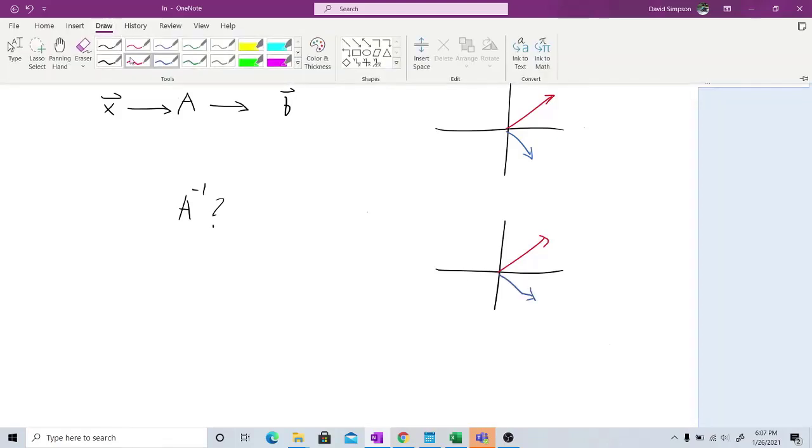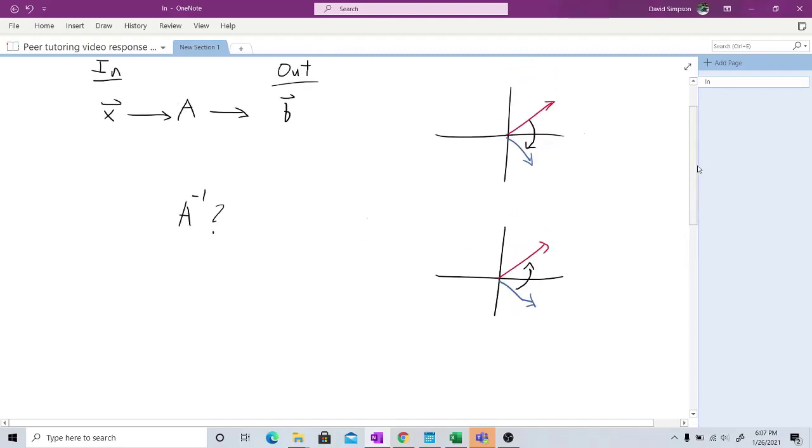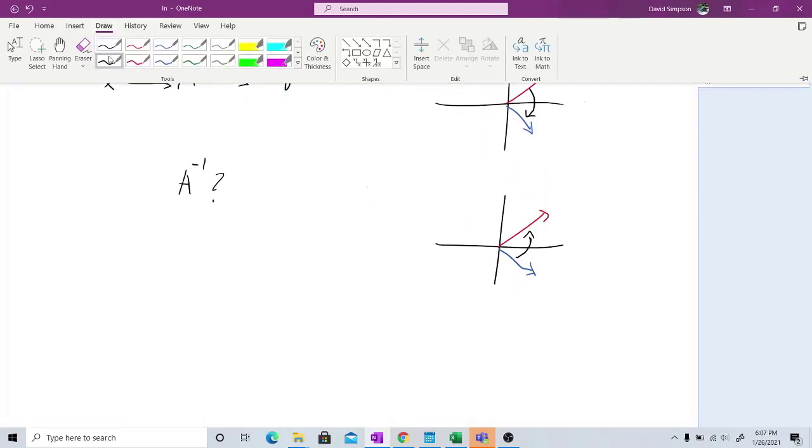Now the difference is, in A, in the first graph, we're going from red to blue. But with A inverse, we just simply go backwards. We just go from blue to red. And that's all it is. That's a very conceptual way of thinking of it.